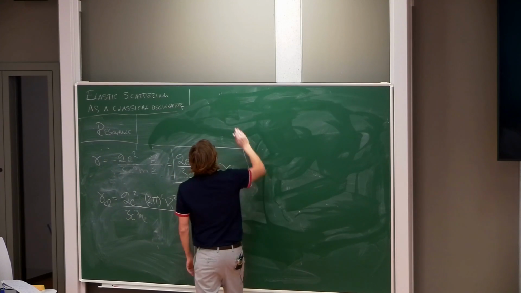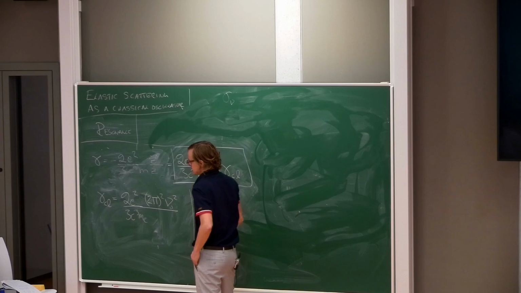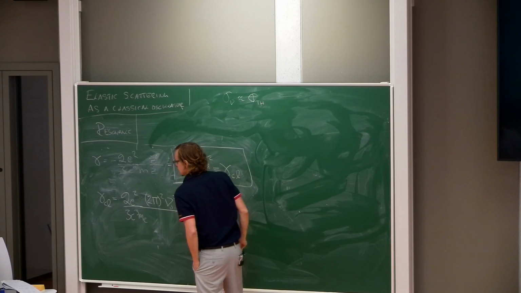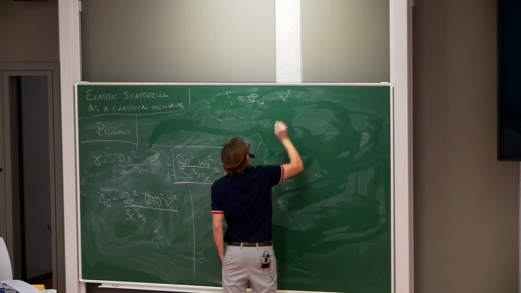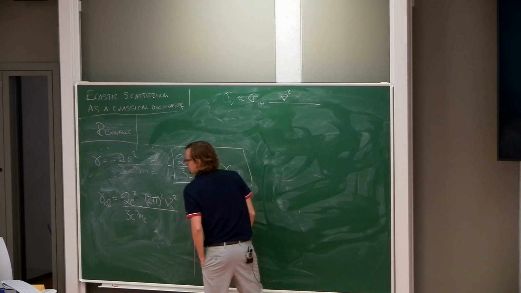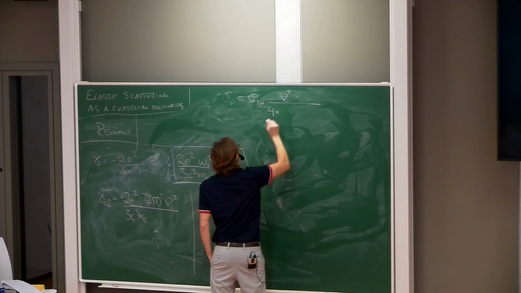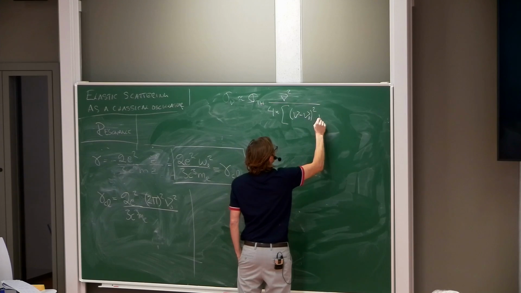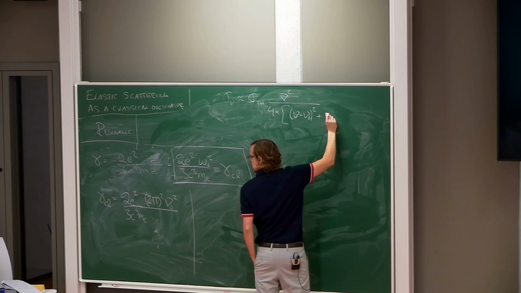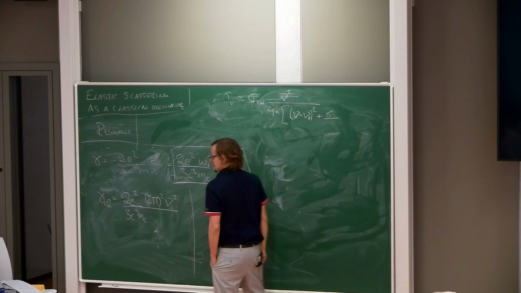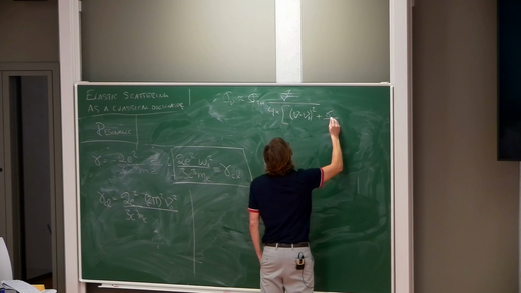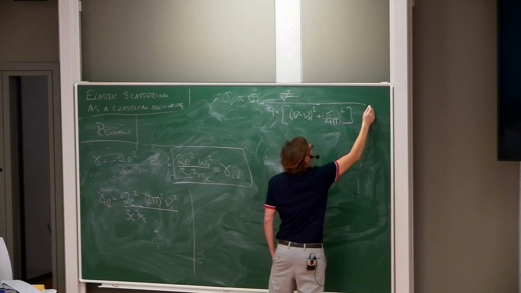We wanted to use this in our approximation for the cross-section, which was sigma Thomson, nu squared, divided by 4 times (nu minus nu 0) squared plus gamma divided by, I always have to see what I get out there, right? 4 pi, squared.